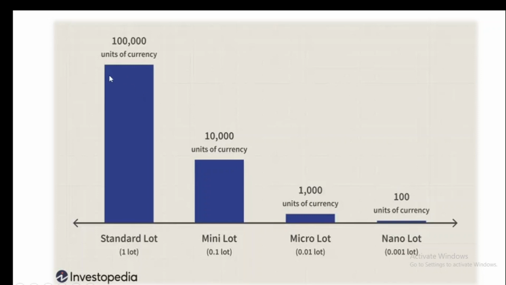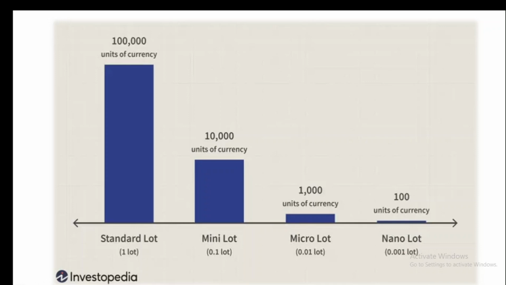So we normally have these three: the standard lot, mini lot and micro lot. The micro lot is 0.01, the mini lot is 0.1, and standard is 1. Those are the three. We shall not go into nano because people rarely use it. That's it, as you can see there.